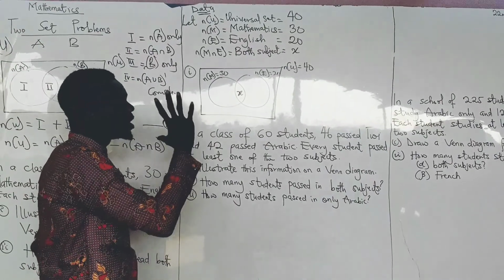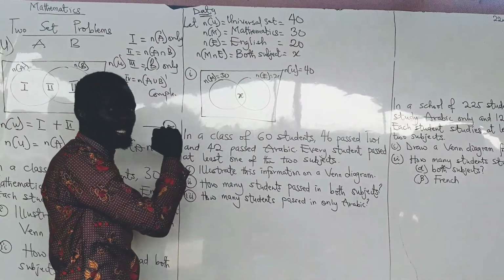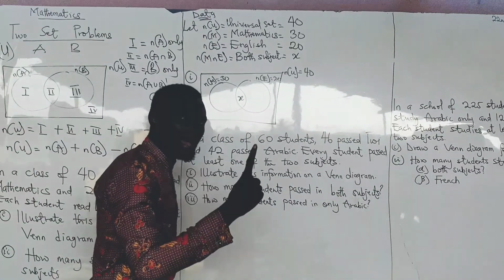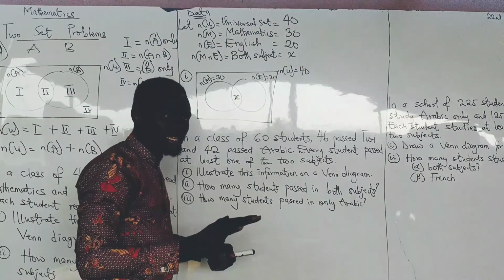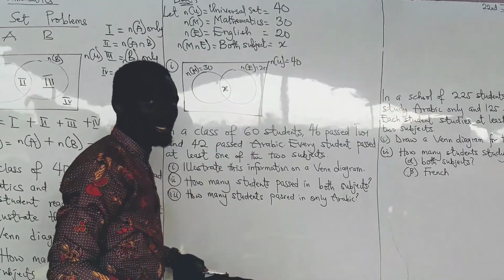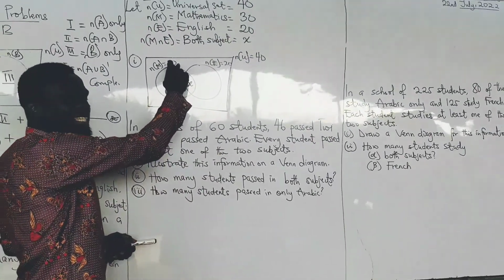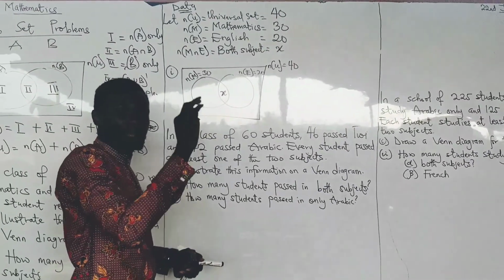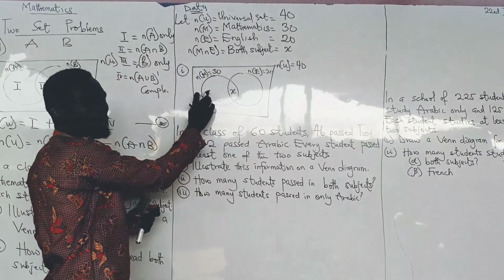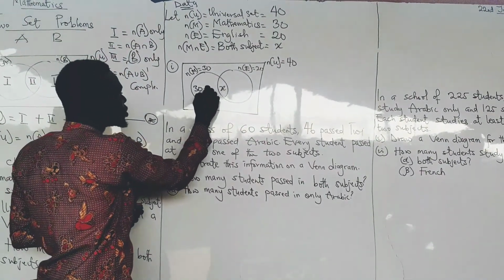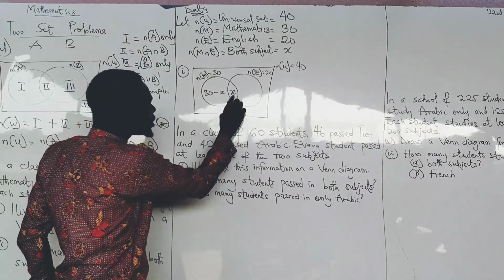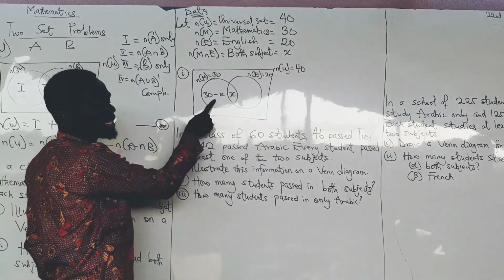Now, this region, which is region I, is the number of mathematics only, and this region is the number of English only. Since this value wasn't stated in the question as mathematics only, we are going to drop this 30 in the only section. Then we will subtract this portion out. Why are we subtracting? Because this portion has chopped into the only.